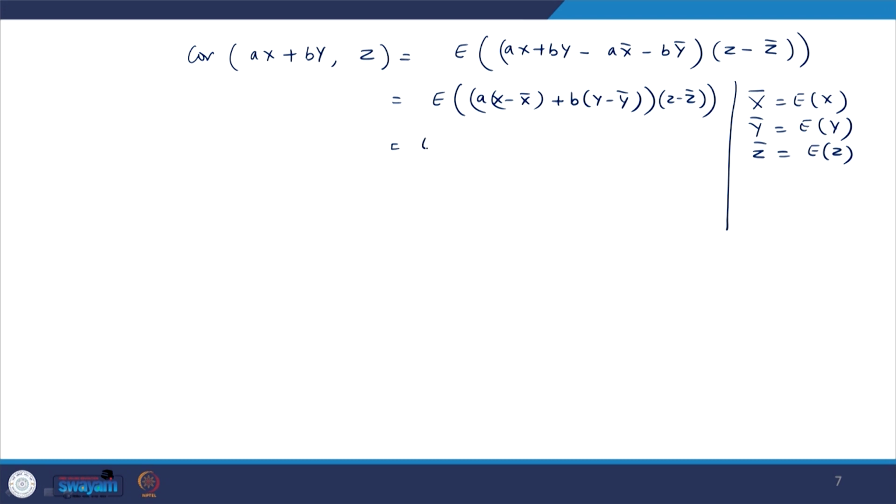So, this is equal to expectation of A x minus x bar into z minus z bar, plus B times y minus y bar into z minus z bar.